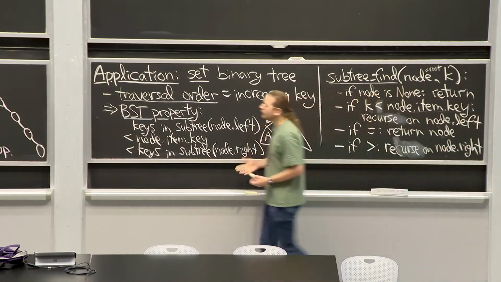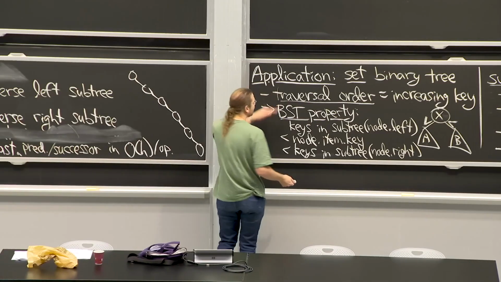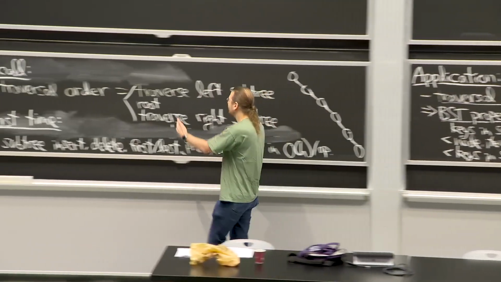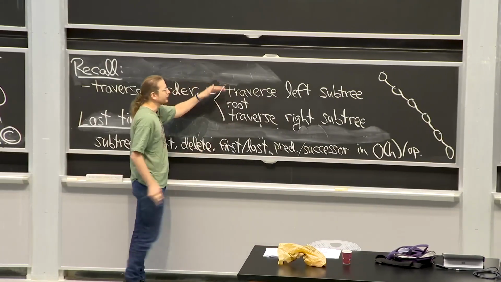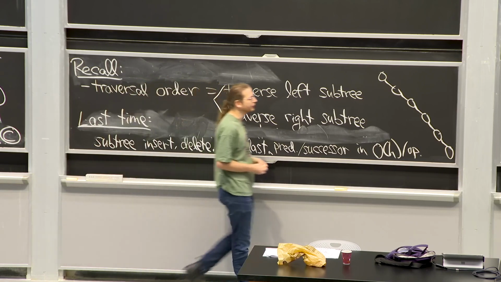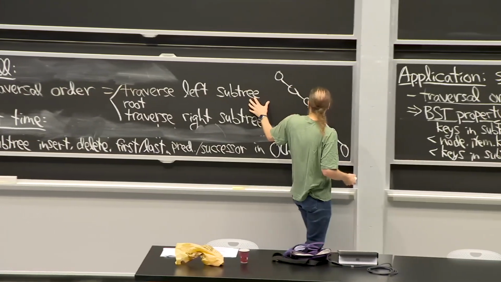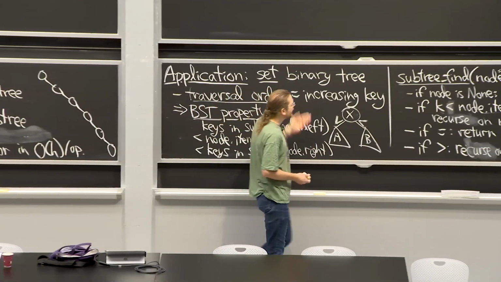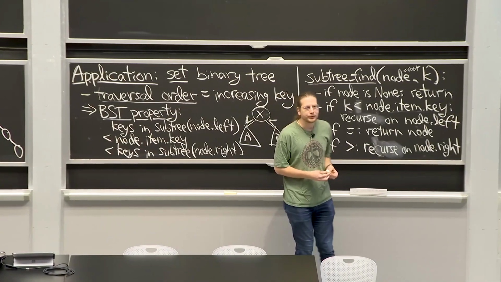Why is this true? Because if we can maintain traversal order to be increasing key, then that's exactly what traversal order means. It tells you all the things in the left subtree come before the root, which come before all the things in the right subtree. So this property implies this one. And how do you maintain things in increasing key order? It's pretty easy.